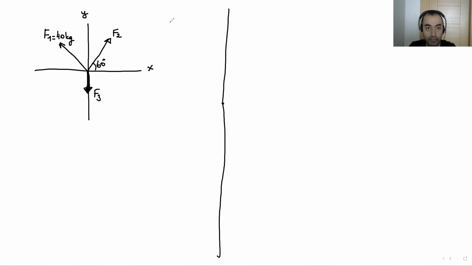So the resultant force of these 3 is R, resultant force, and its magnitude is 10 kilograms. And the angle, this is 60.